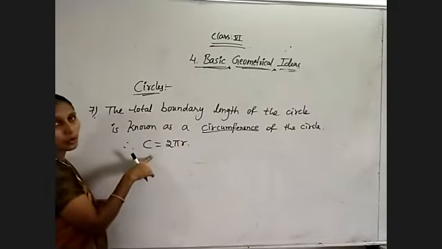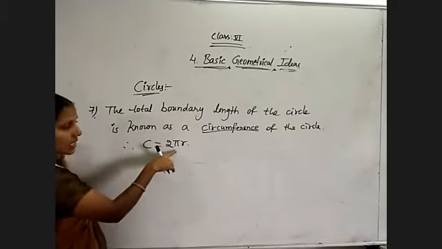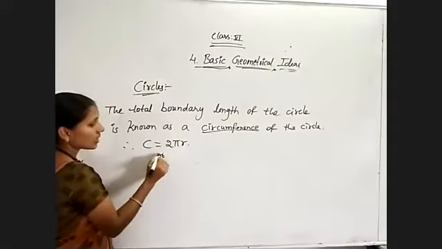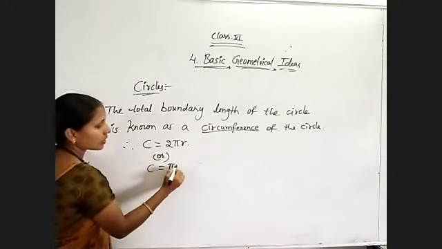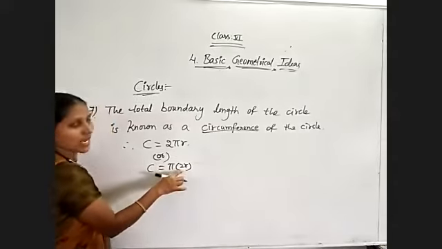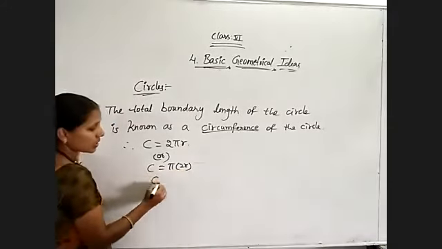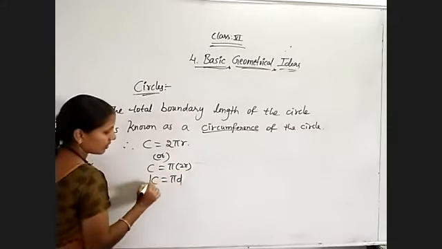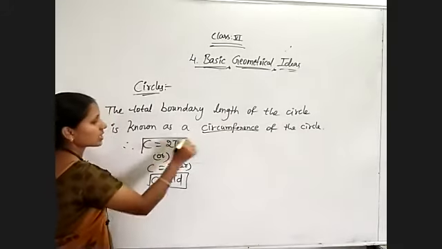C is equal to 2 pi r. Here pi is the constant value, otherwise C is equal to pi into 2r. 2r, twice the radius, is the diameter. So C is equal to pi d. These two are the formulas.